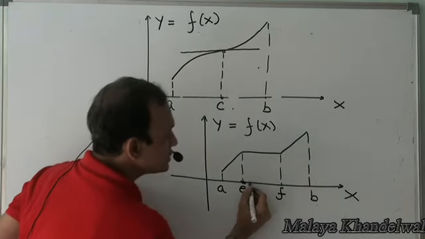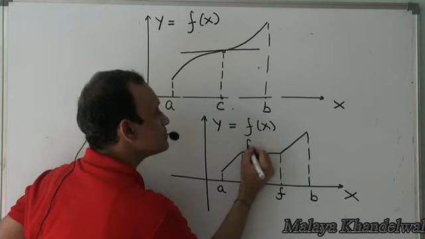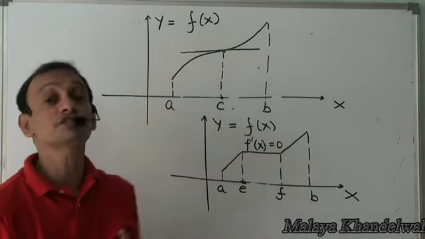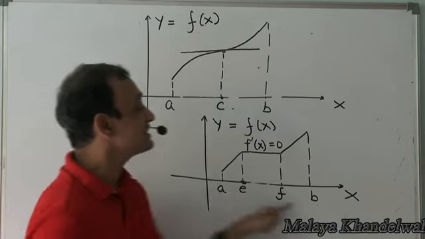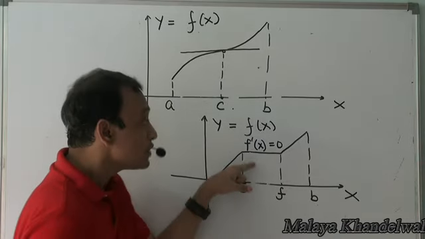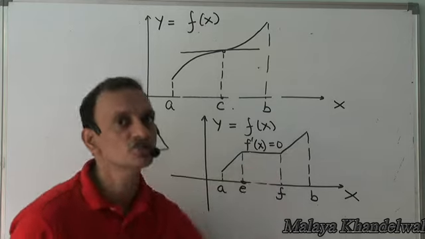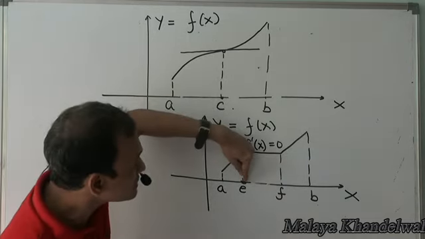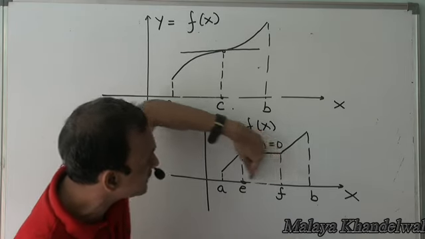I find a continuous set of points where f dash x becomes 0. Then the function will not be looked upon as strictly increasing in the interval a to b. This is monotonically increasing but not strictly increasing, because these c's are not discrete anymore. These c's are a set of continuous points in the interval a to b.